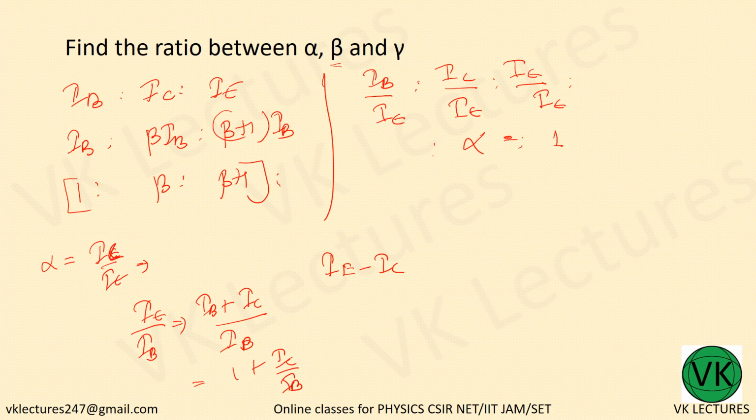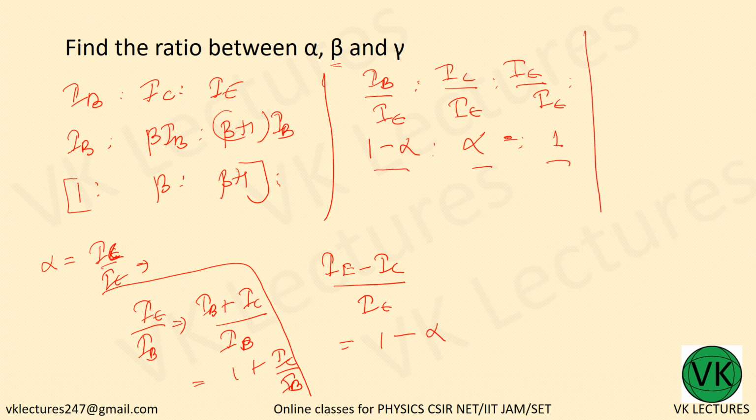So IE minus IC divided by IE. So that is 1 minus IC by IE. What is IC by IE? IC by IE is nothing but alpha. So 1 minus alpha. So 1 minus alpha is to 1. This is the ratio, increasing order.